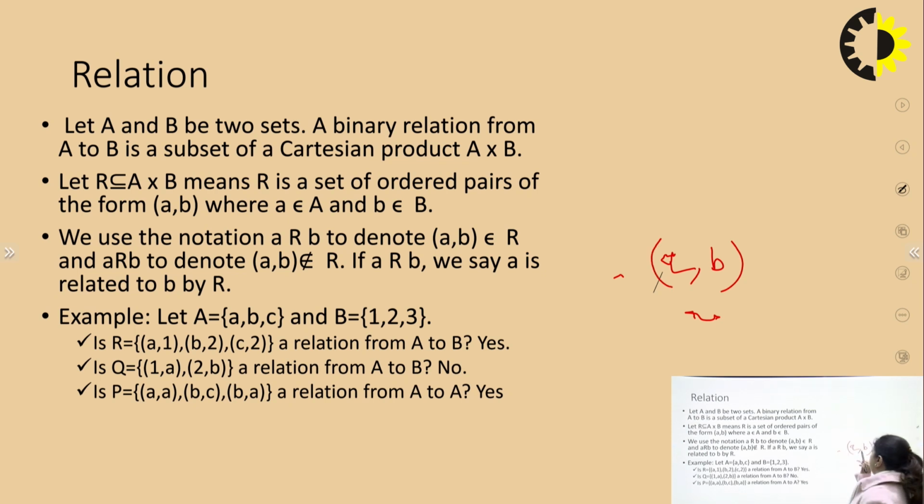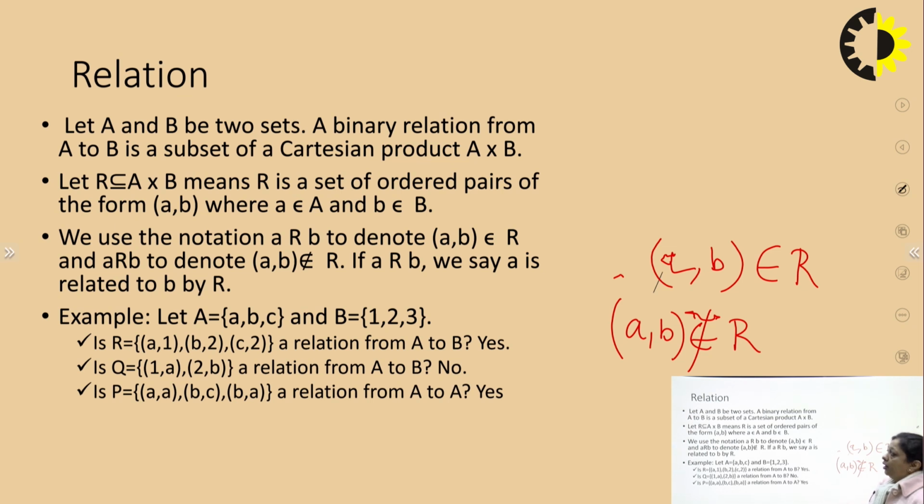This means that if this particular pair is in the relation, then element a is related to element b, where a is from set capital A and b is from set capital B. I can also write it as (a, b) belongs to R. Suppose I have a pair (a, b) in my Cartesian product which does not belong to a particular relation. In that case, I can denote it as (a, b) does not belong to R. This is the notation to say that (a, b) doesn't belong to R.